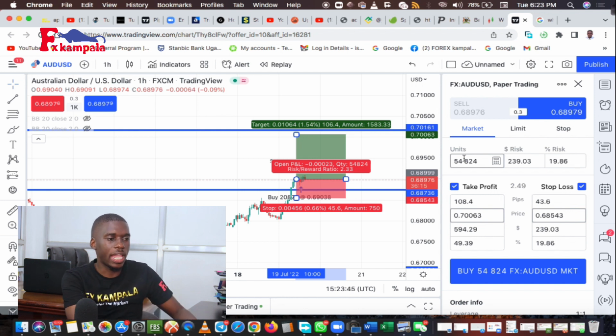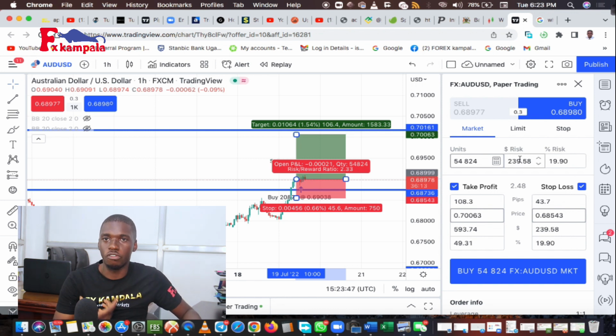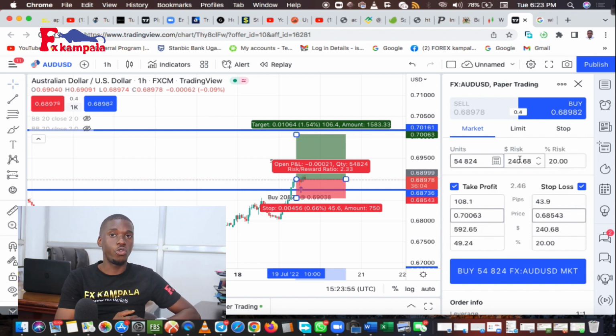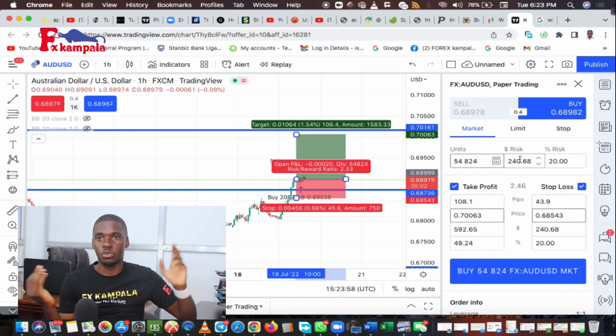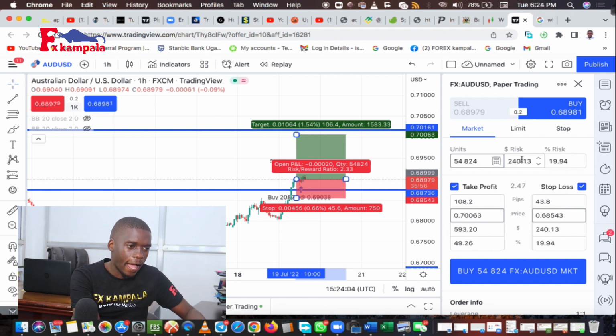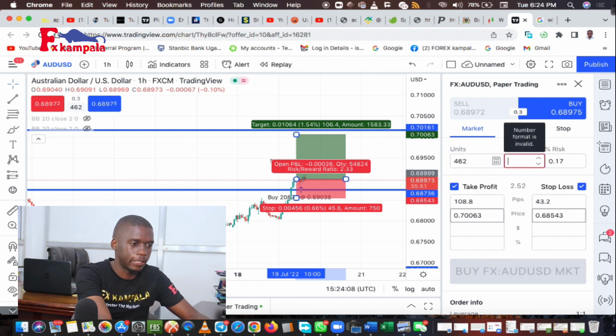Then the next section here is the risk, the amount of money that you want to risk per trade, okay, which literally has to be between 1 to 3%, or you can just put the money that you want to risk on this trade, but it should at least be within that range. Let me just put here $100 that I want to risk on this trade.